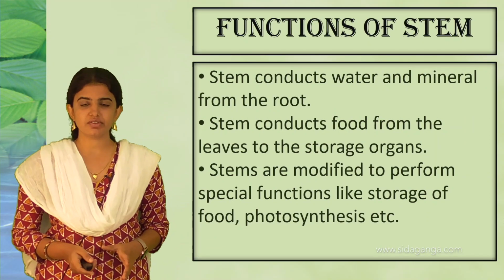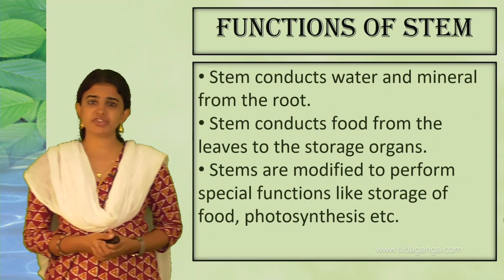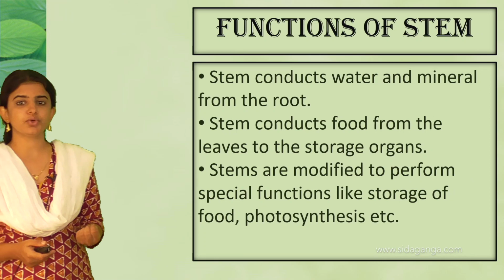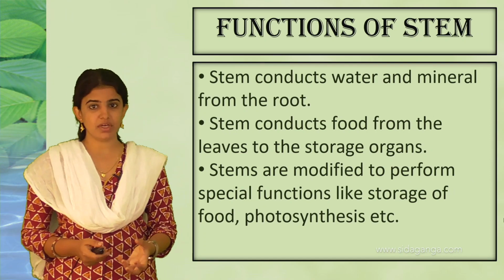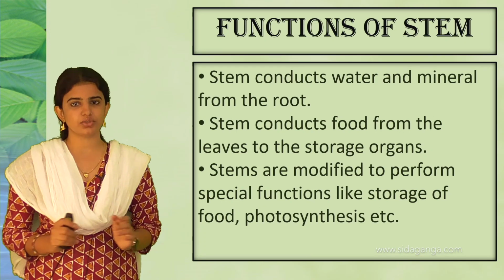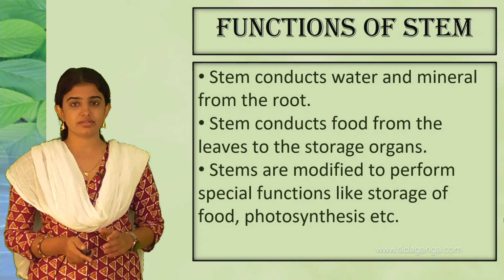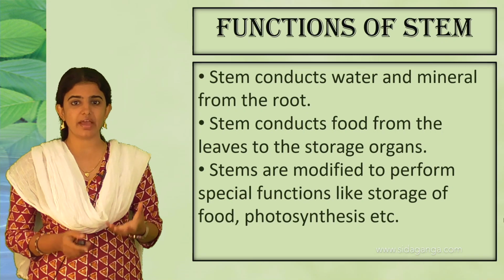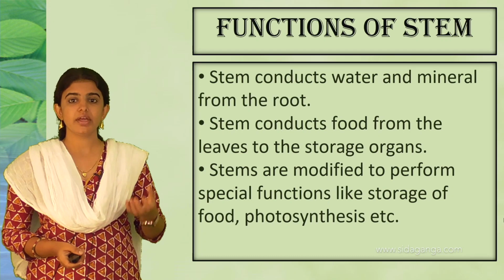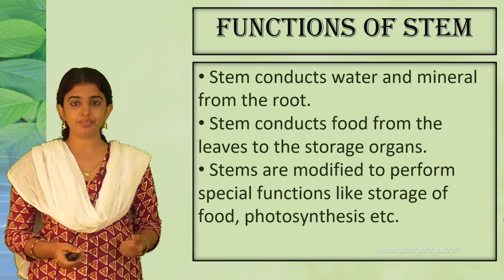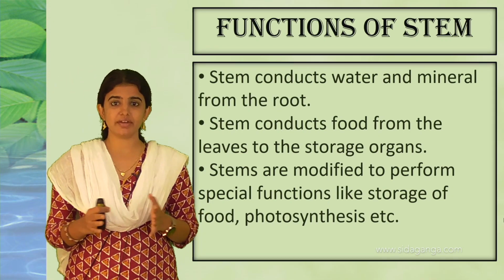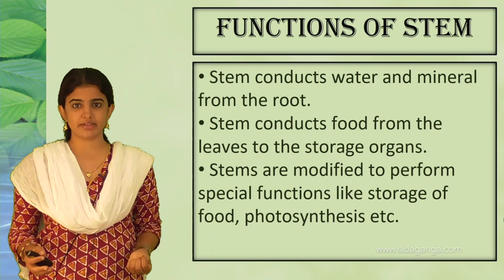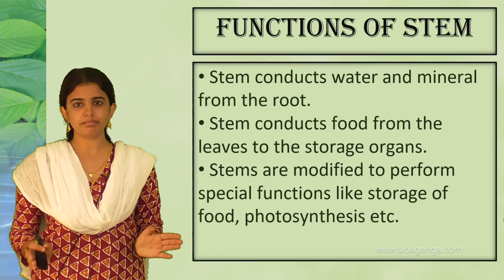Next one is the functions of the stem. The stem helps to conduct water and minerals from the roots and circulate them throughout the plant body. Next, the stem conducts food from the leaves to the storage organs. It carries food from the different types of leaves to different parts of the plant and circulates it throughout the plant.